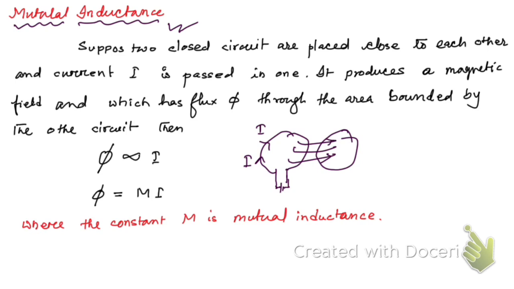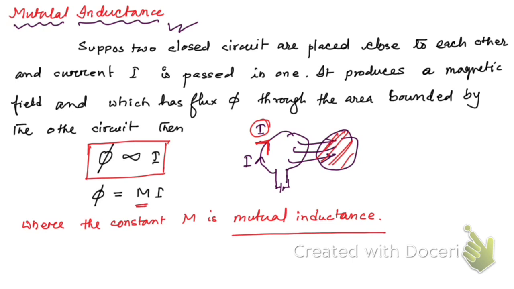Then the flux through the area bounded by this circuit will be directly proportional to the current in the first circuit. So phi is directly proportional to I, and if we write equality, then we need a constant. That constant is nothing but the mutual inductance.